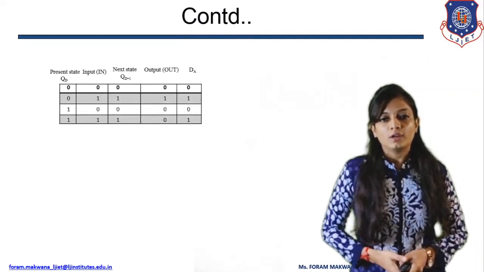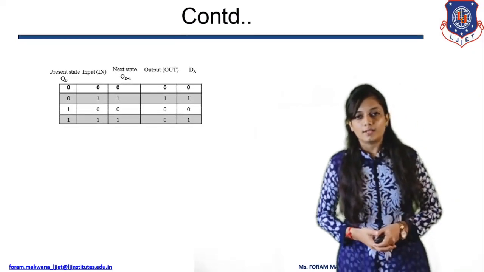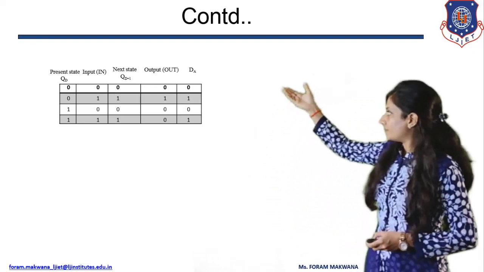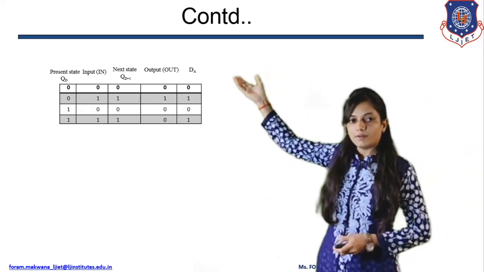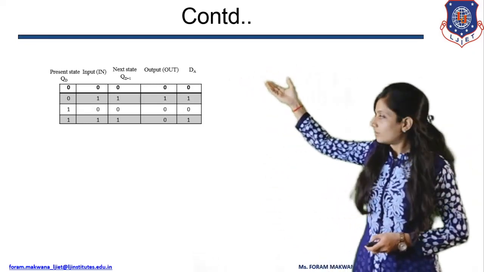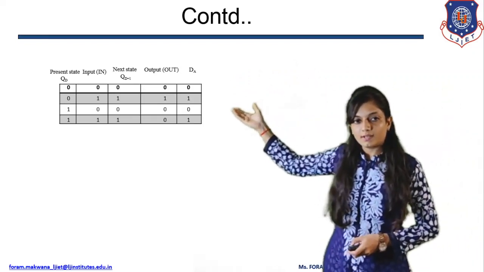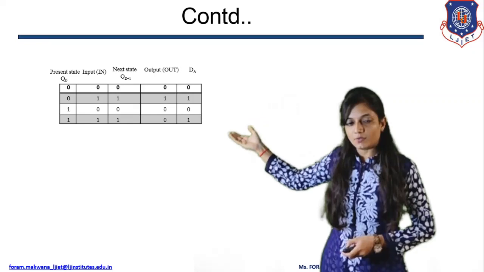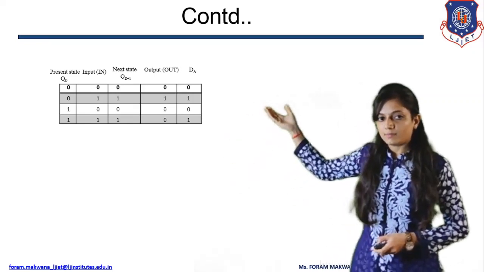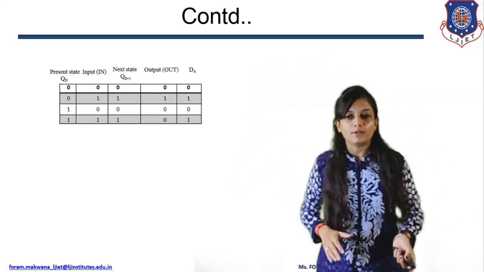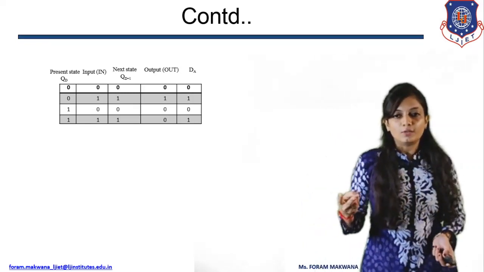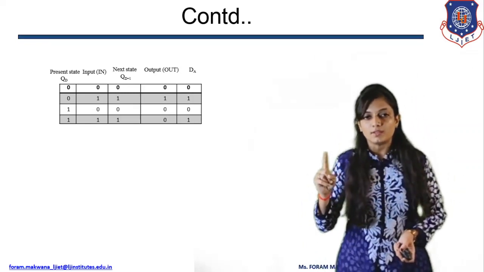Now, how to write a state table over here. The first columns we have are present state, input, next state, output, and DA. So what is my present state? It is QD: 0, 1, 1. Input is either 0 or 1, because there are only two values.